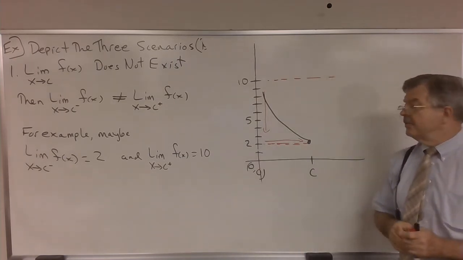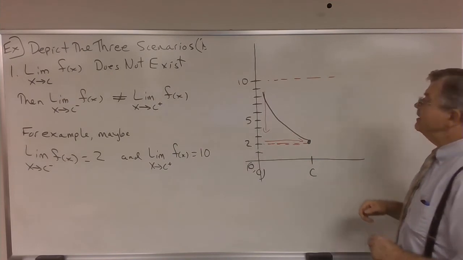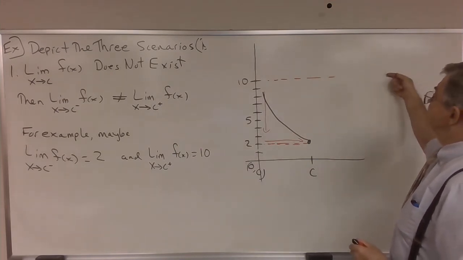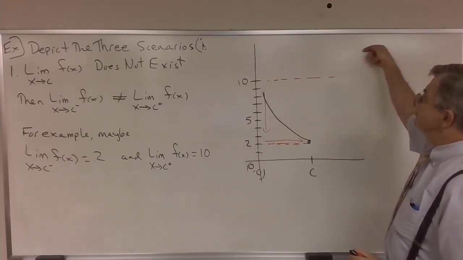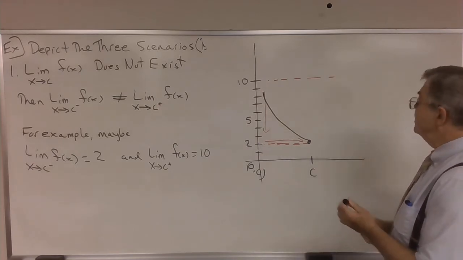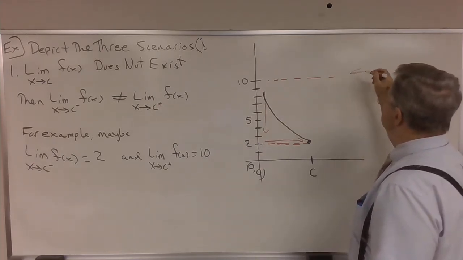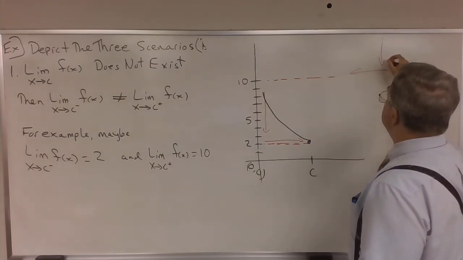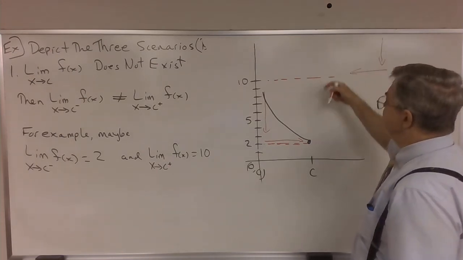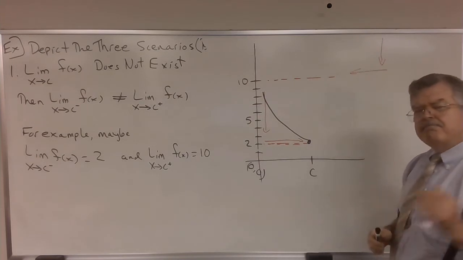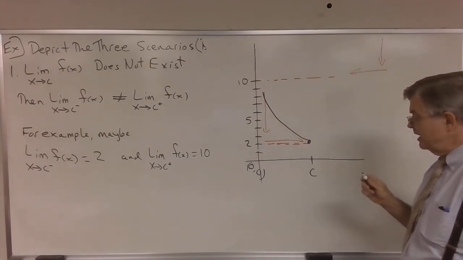Could happen either way. Let's say that in this case, f of x, the y value, approaches 10 from above. And both of those things happen simultaneously.